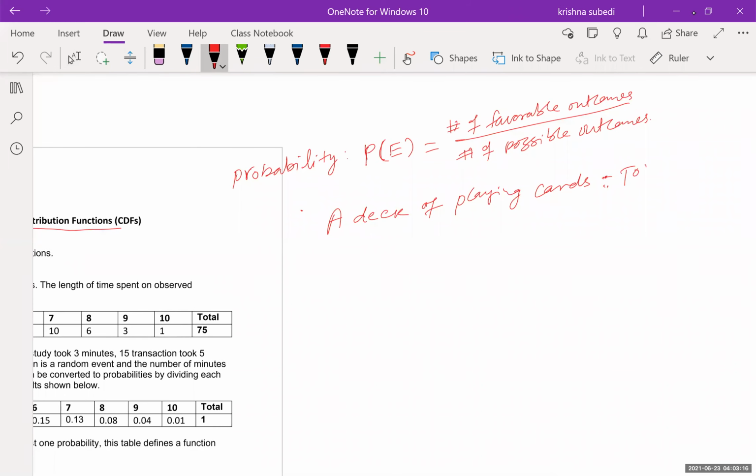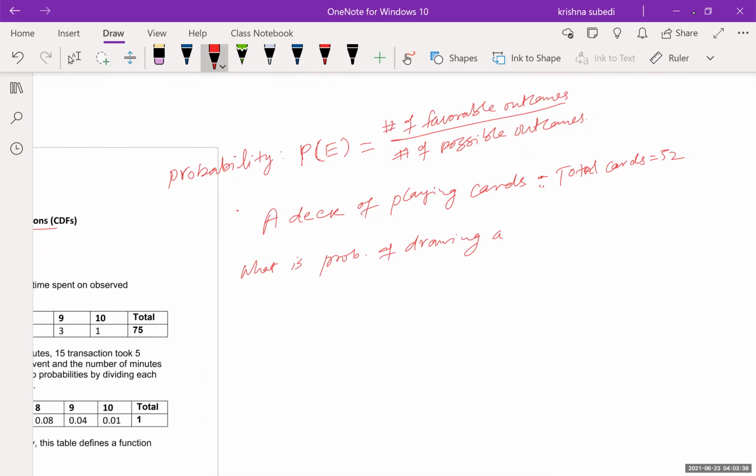I believe everybody knows that the total is 52. Suppose I want to draw a heart card.